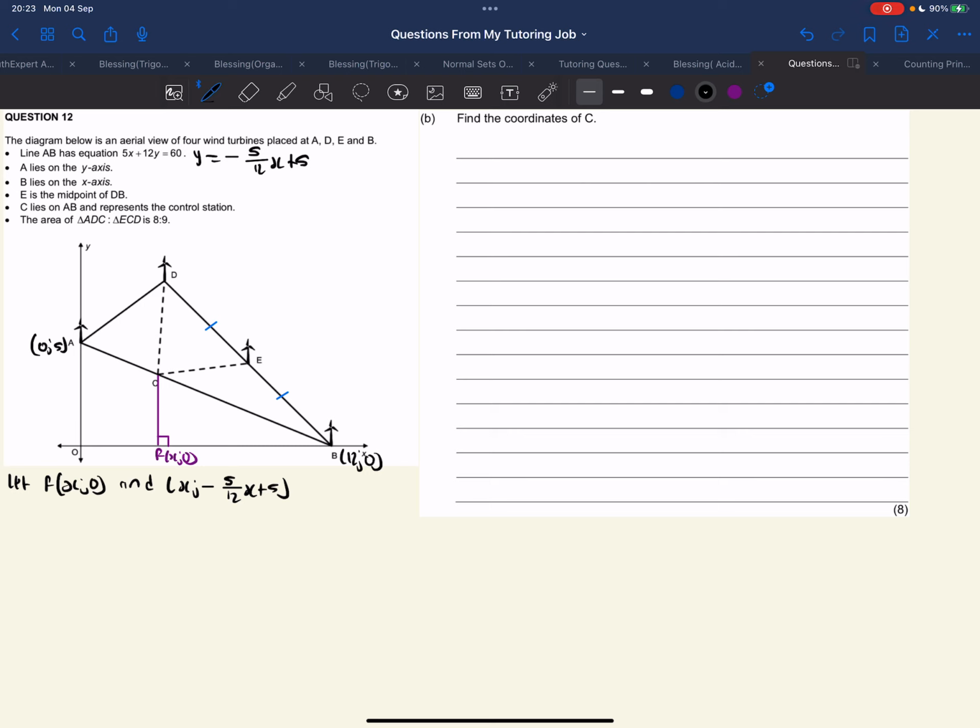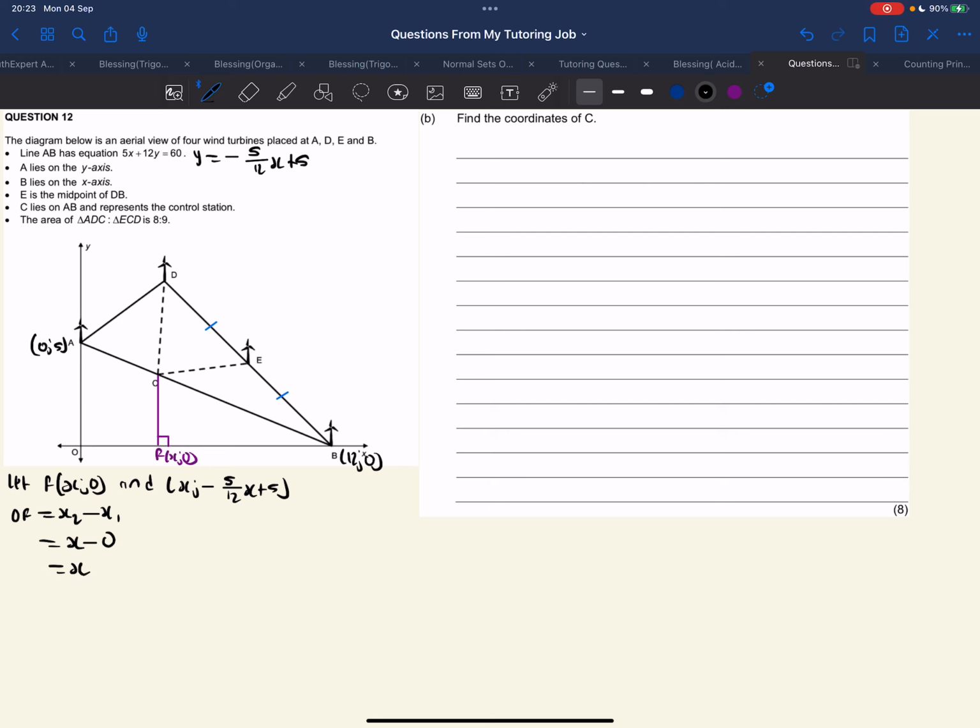Then the other thing that I need you to look out for is that OF is equal to x2 minus x1, which is just x minus 0, because remember the coordinates of O is 0 comma 0. So basically OF is x.